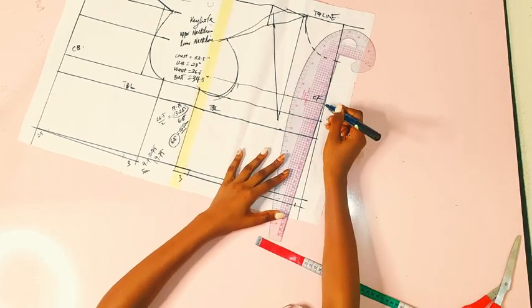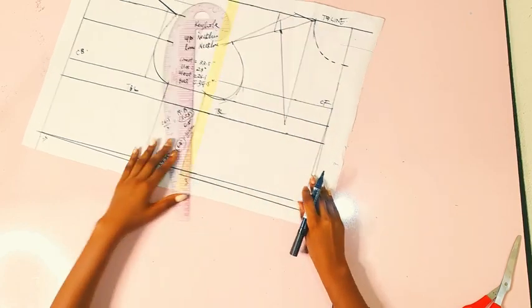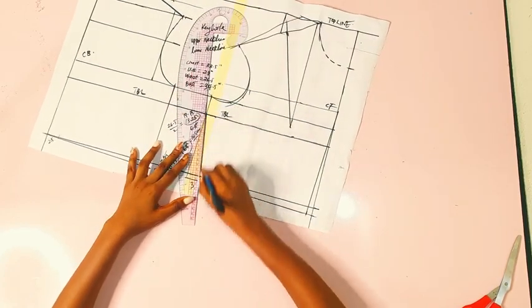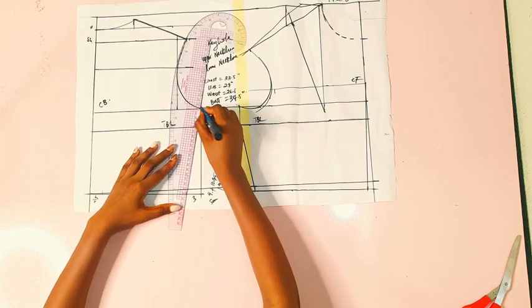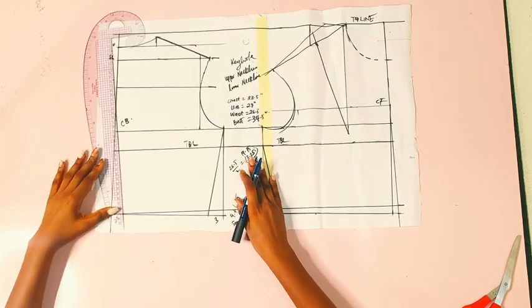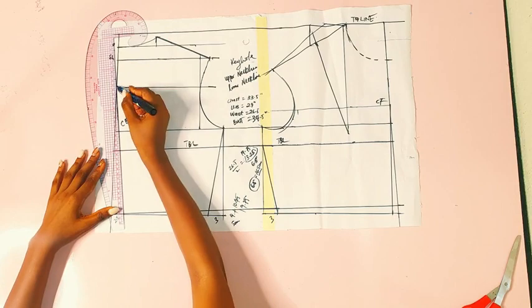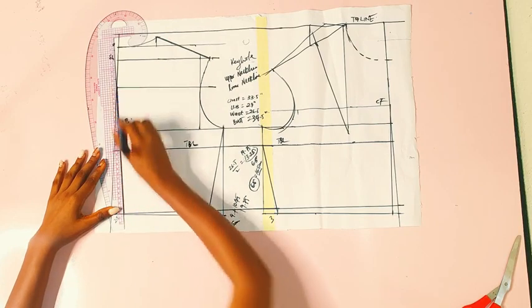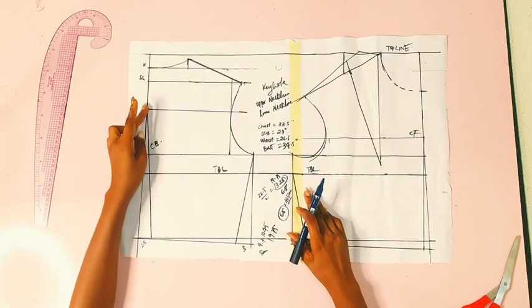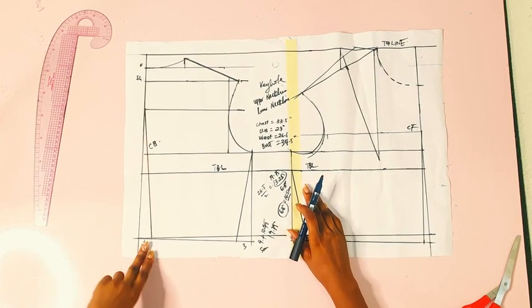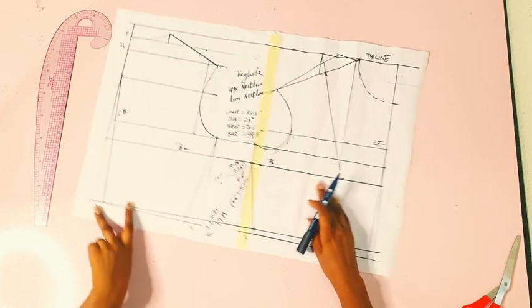So let's draw these lines out now. Like this. This goes to the true bust line here. This goes here. And this goes to this point. So please take note of where these marks are getting to. It stops here.